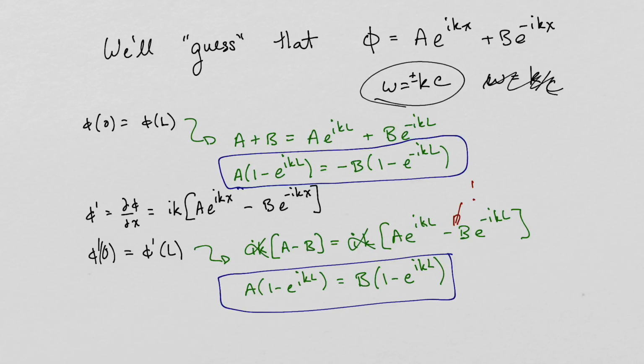Well, you actually know that it can be true because if I set the two left-hand sides equal to each other, I get that b times 1 minus e to the i kL is equal to minus b times 1 minus e to the i kL, which means that if I cancel out the b's, these two things have to be equal to each other.